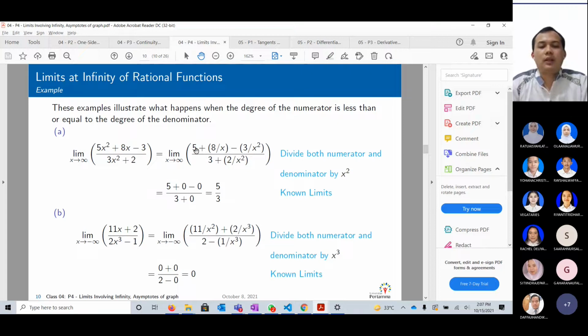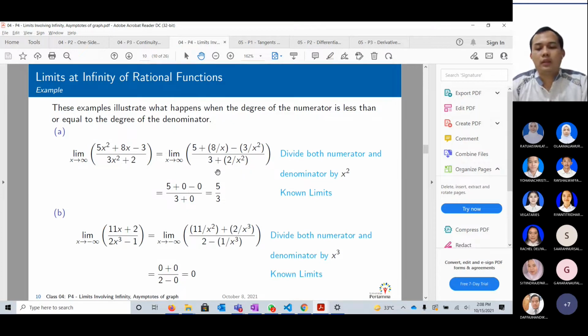So 5 times x squared now becomes 5 because we divided by x squared, and 8x now becomes 8 over x, and minus 3 now becomes minus 3 over x squared.